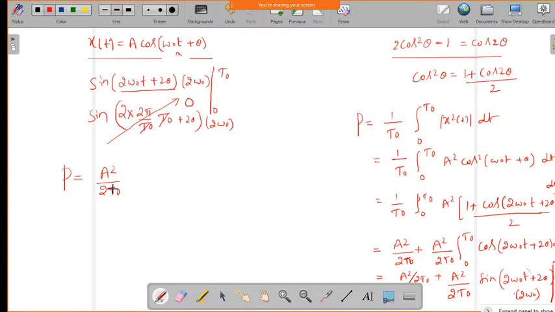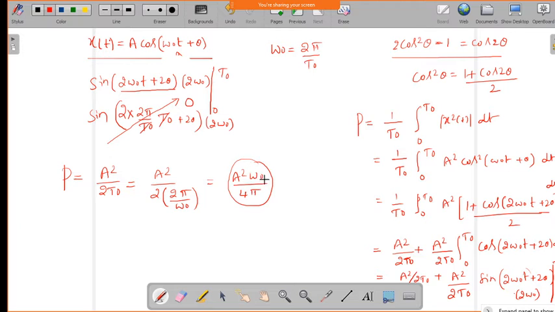Omega naught is 2 pi by T naught, so T naught is 2 pi by omega naught. So A squared by 2 into, this T naught expressed in terms of omega naught, we can rewrite as A squared omega naught by 4 pi. Okay, so now this is a finite value.